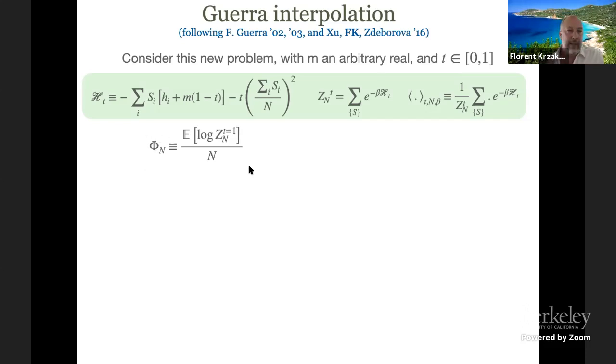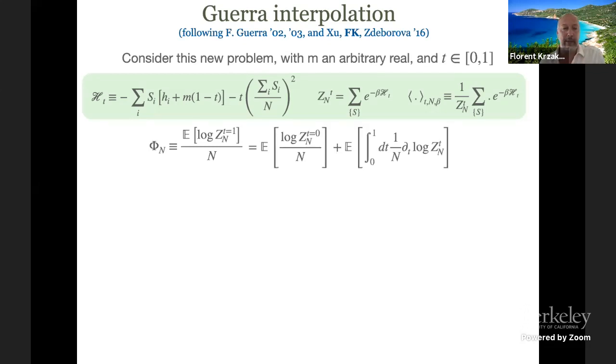All right, so the way you do Guerra interpolation is by using, well, the fundamental theorem of calculus. And you just say, well, this quantity at t equals 1 is just the quantity at t equals 0 plus the expectation of the integral from 0 to 1 of the derivative with respect to t. Okay, and of course you have to be a bit careful with the expectation and integrals, but it's usually fine. There's no problem here.